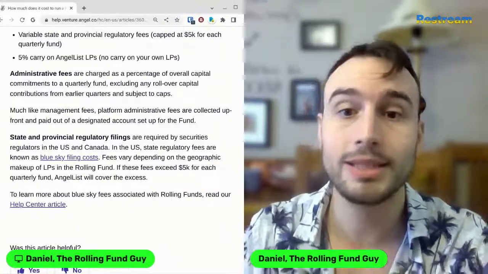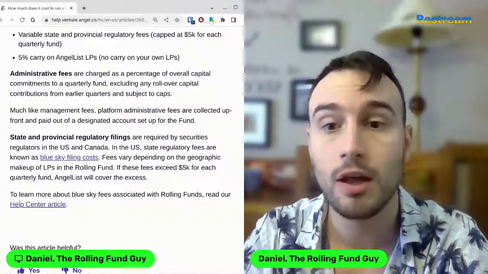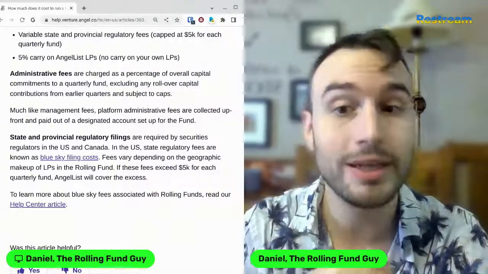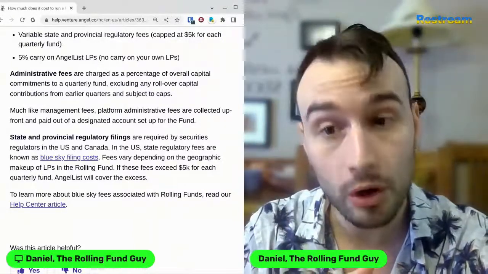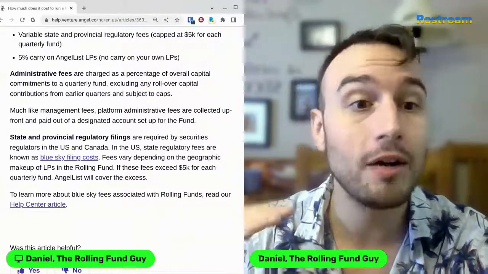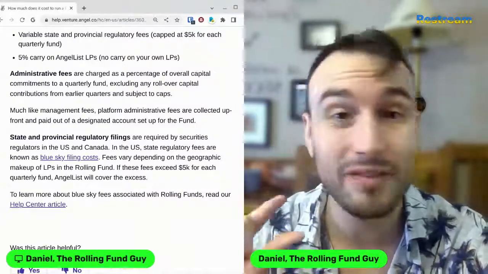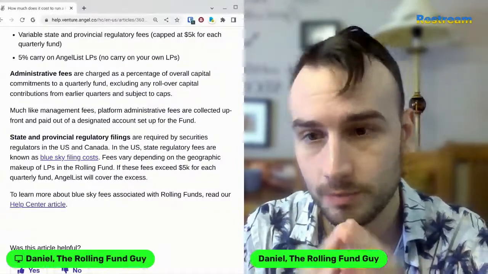In the US, state regulatory fees are known as blue sky filing costs. Fees vary depending on the geographic makeup of LPs in the rolling fund. If these fees exceed $5K per quarter, AngelList will cover the excess. So you as the GP will never pay more than $5K per quarter in regulatory filing fees.